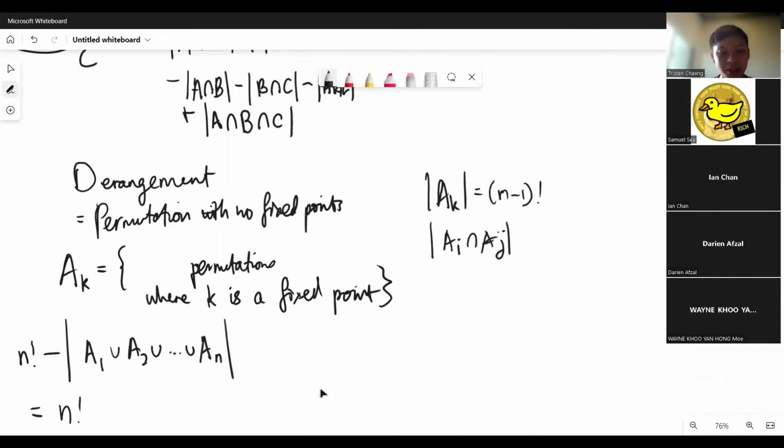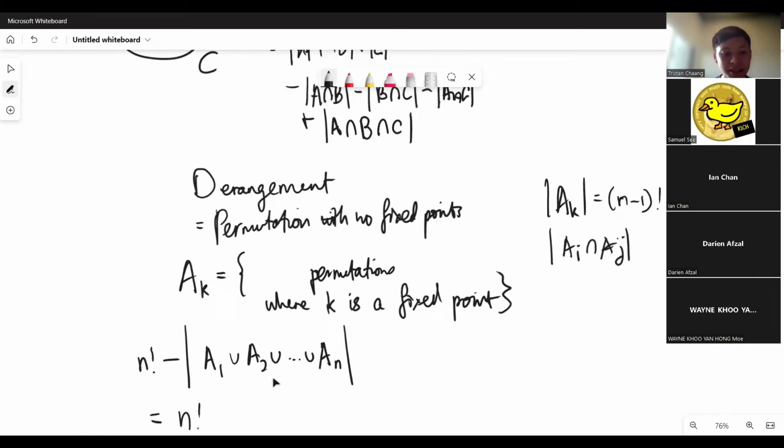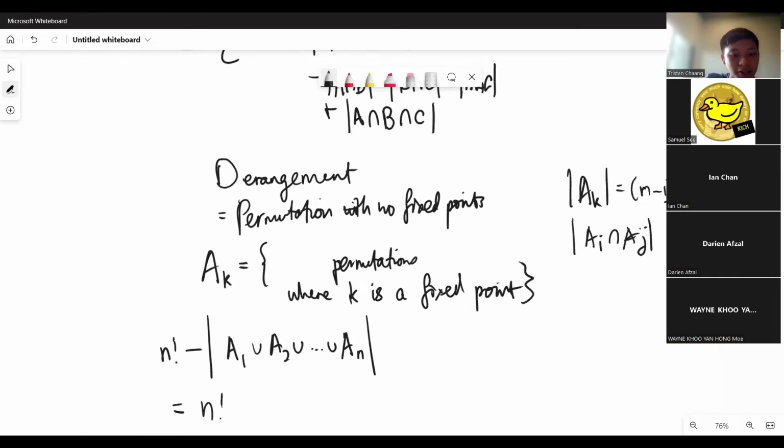Oh, what is A1 union A2 union A3? This is the set of all permutations with at least one fixed point, because A_K is a set of permutations where K is a fixed point. If I union them all, this will be the set of all permutations with some fixed point in general, right? Because if it has a fixed point, it must be either 1 or 2 or 3 or some of them.